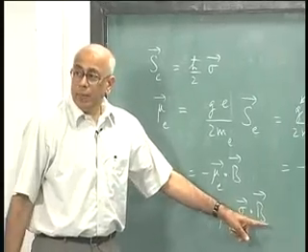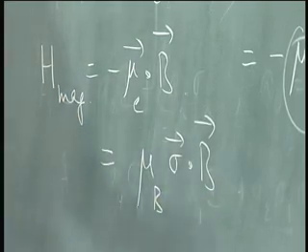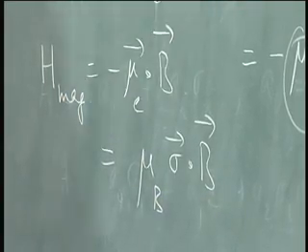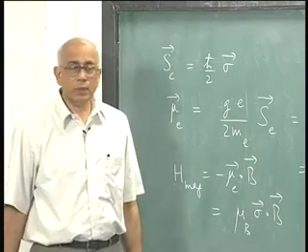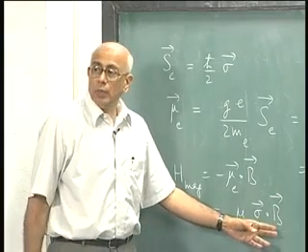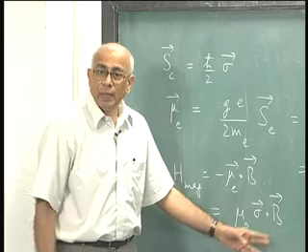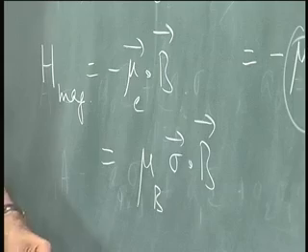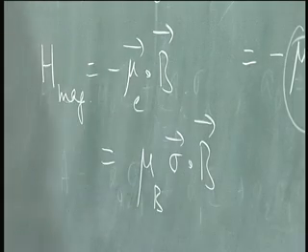Well, sigma dot B is a component of sigma in some direction multiplied by the magnitude of B. So it is clear, we could take this to be the unit vector, when you divide it by its magnitude you would get the unit vector, and that portion has eigenvalues plus or minus 1.